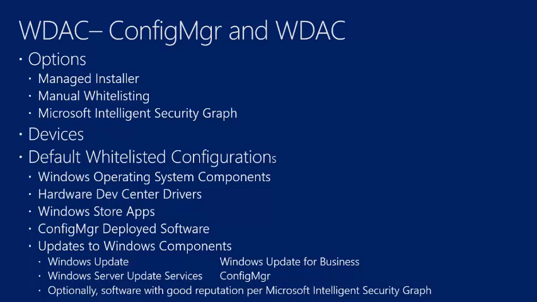And you see some of those: operating system components, hardware dev center drivers, Windows Store apps, Config Manager deployed software, and updates to Windows components driven by the pieces listed below, right? So those will be included by default as well.